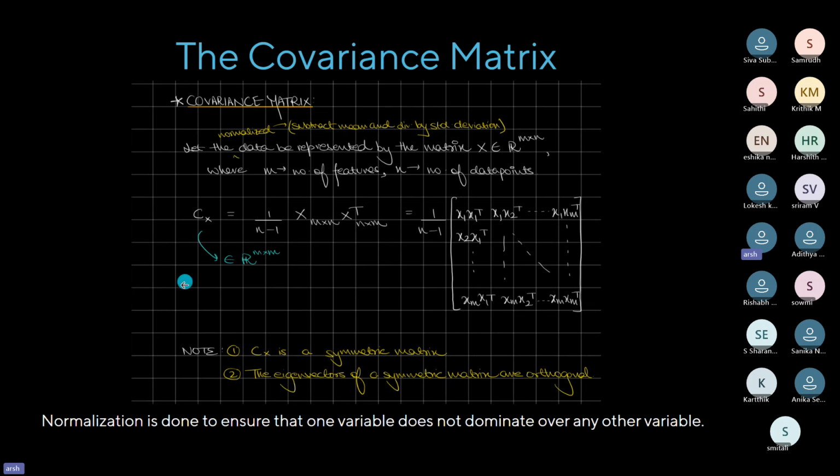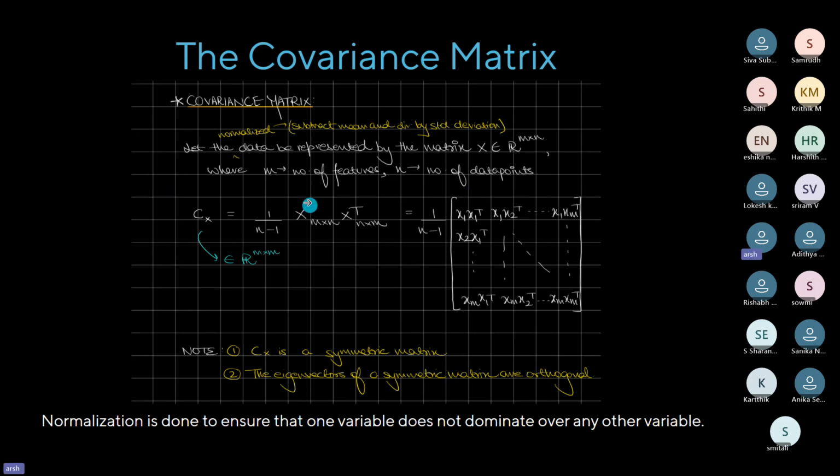So this is the covariance matrix Cx. This is a square matrix, as you can see. First of all, what X is: X has the rows as its features, and each column has a data point. So it is m cross n, m number of features and n number of data points.